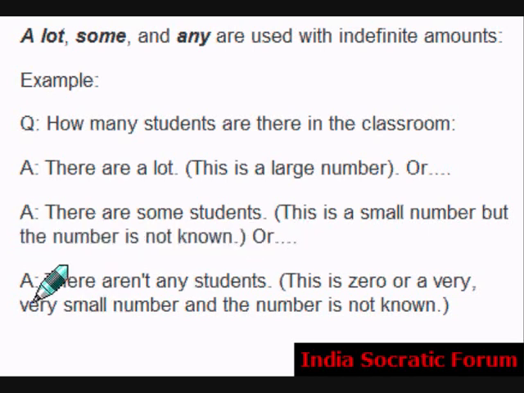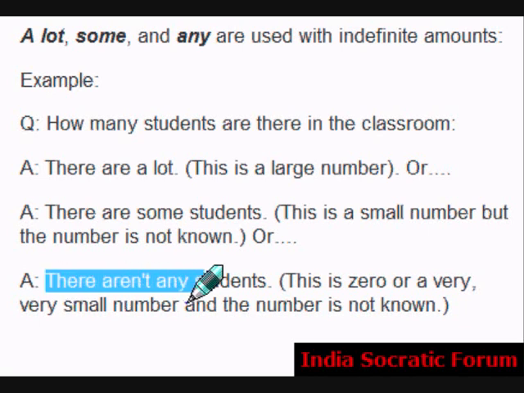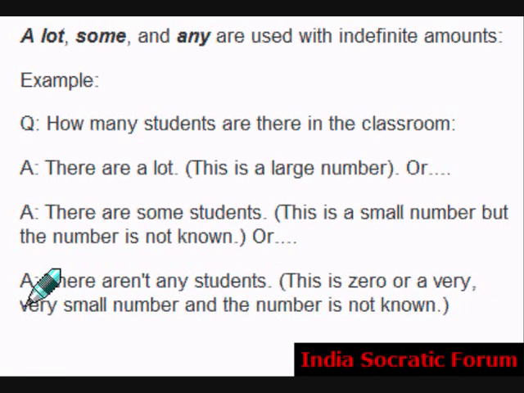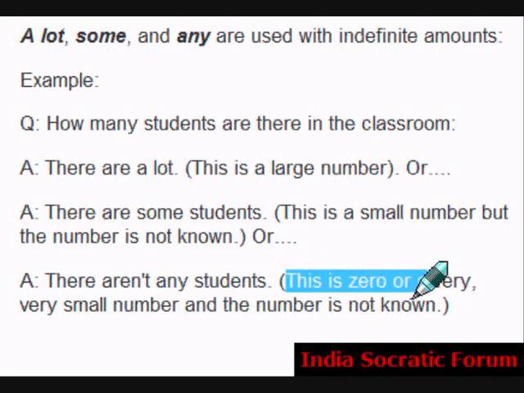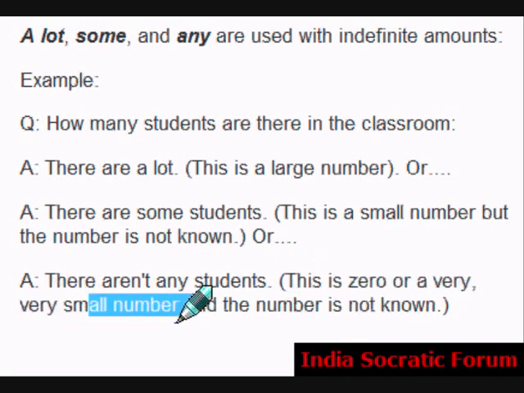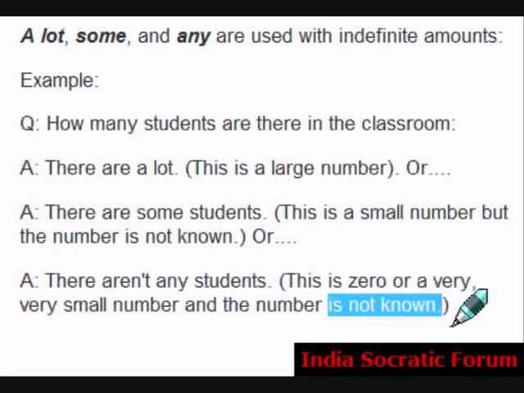There is another possible answer. There aren't any students. This is 0 or a very, very small number, and the number is not known. Okay, the number doesn't matter. That's when you say there aren't any.